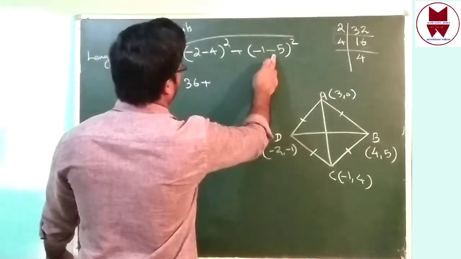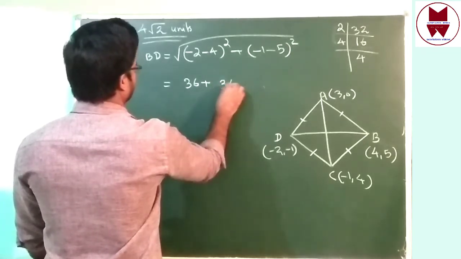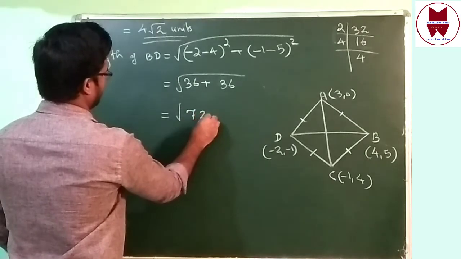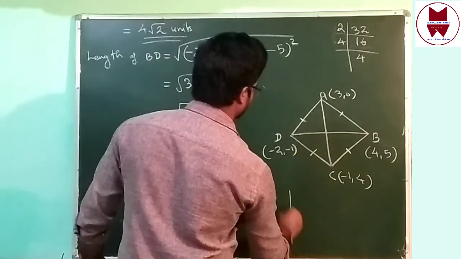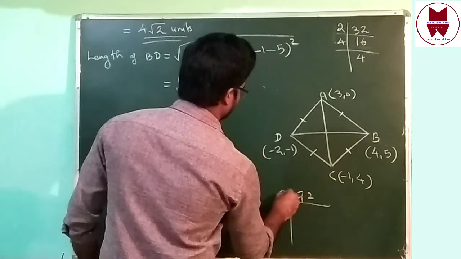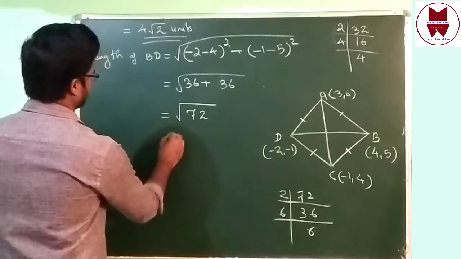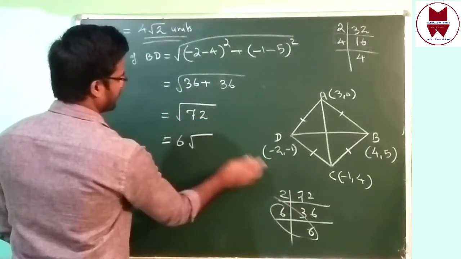Then minus 1 minus 5, minus 6, all square, 6 square, 36. 72. Factorize that 72 also. 2 by 2, 36. 6 used 6 times. Out of those two 6s we can take one 6 outside, then square root of 2.